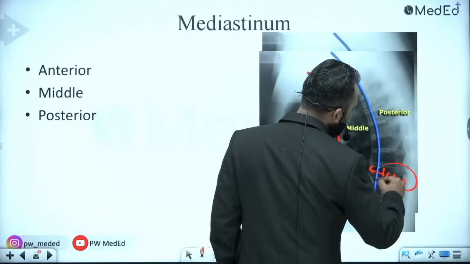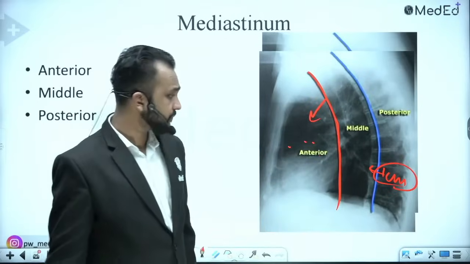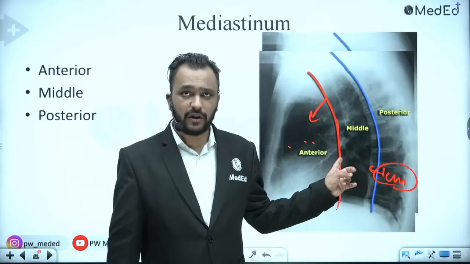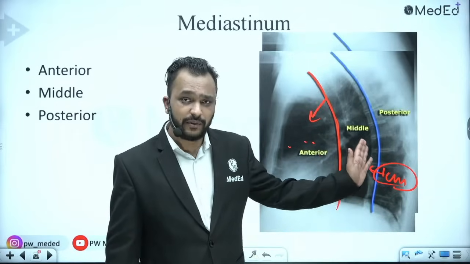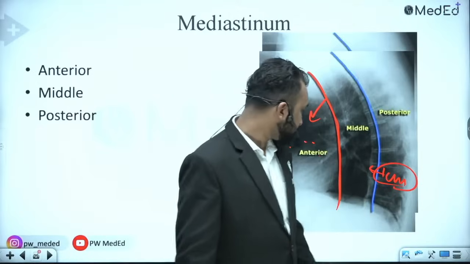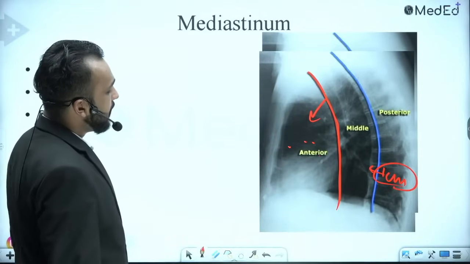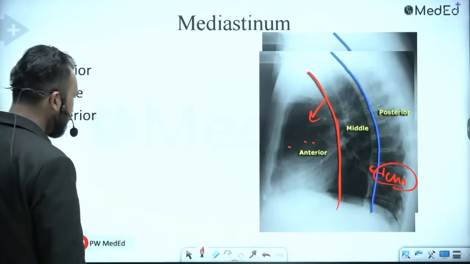The structures lying between these two lines, red and blue line, will be your middle mediastinum masses, and posterior to the blue line you will have your posterior mediastinal masses. ठीक है.